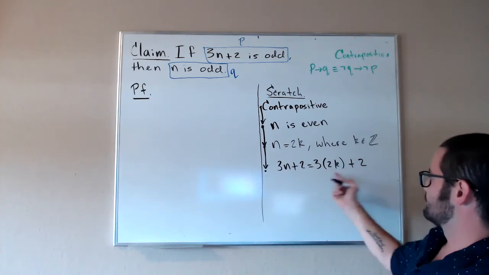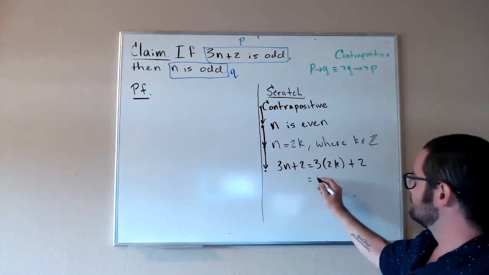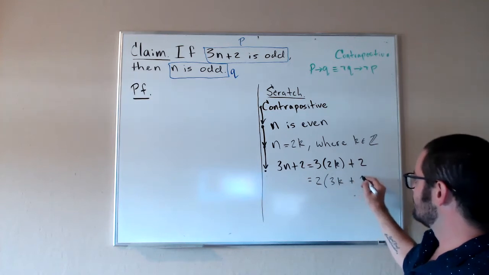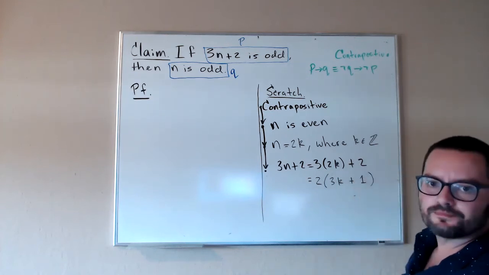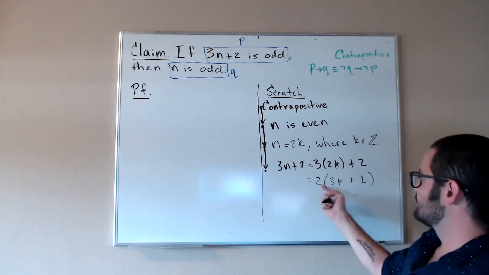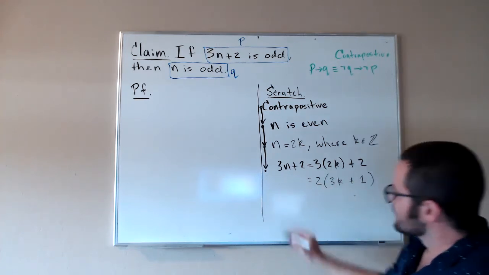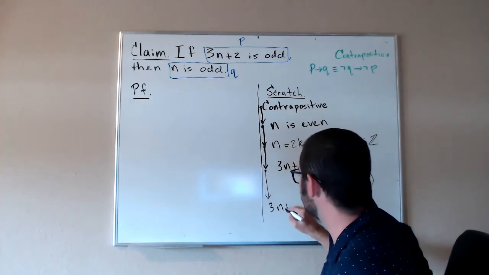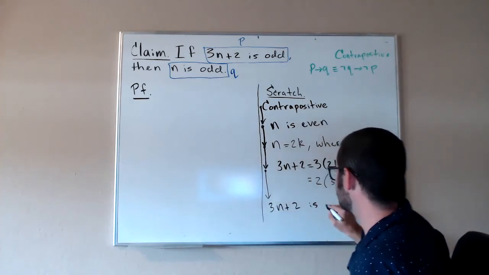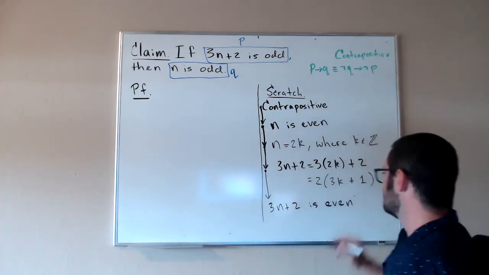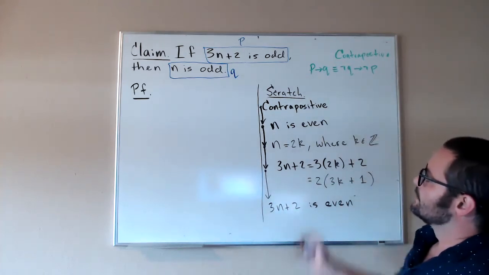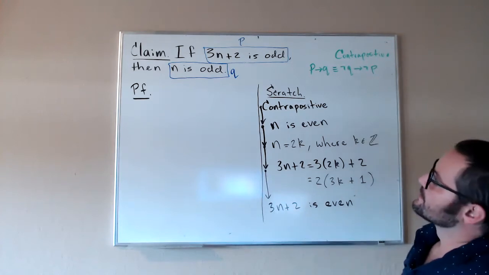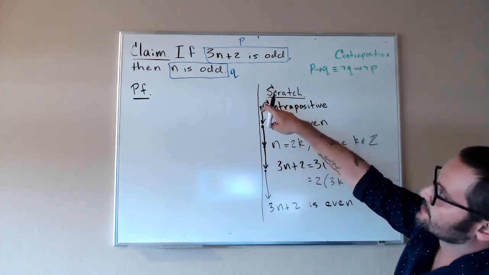I see a factor of 2 here, so I can factor out that 2. Like that. And then I see, oh, 2 times an integer. So this altogether implies that 3n plus 2 is even. So if n is even, then 3n plus 2 is even, which is precisely the contrapositive of that claim.